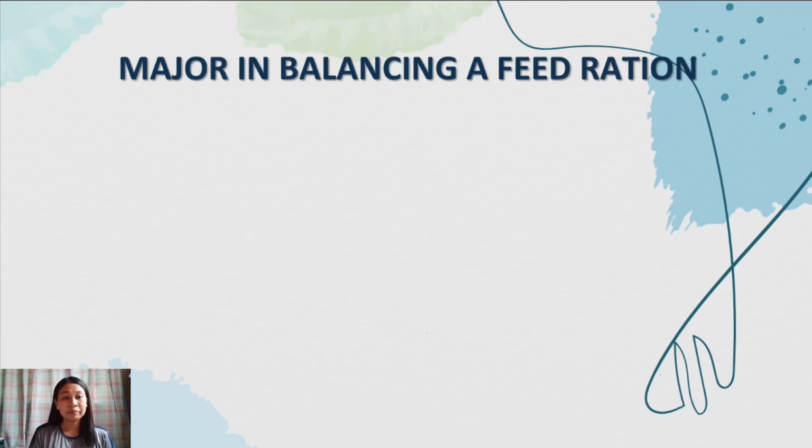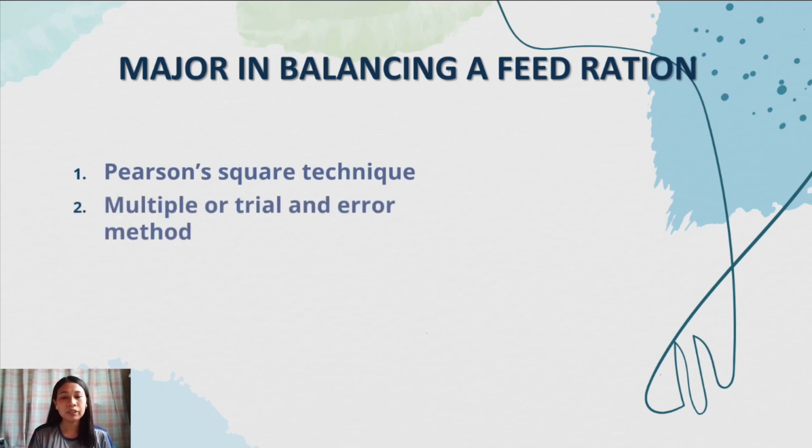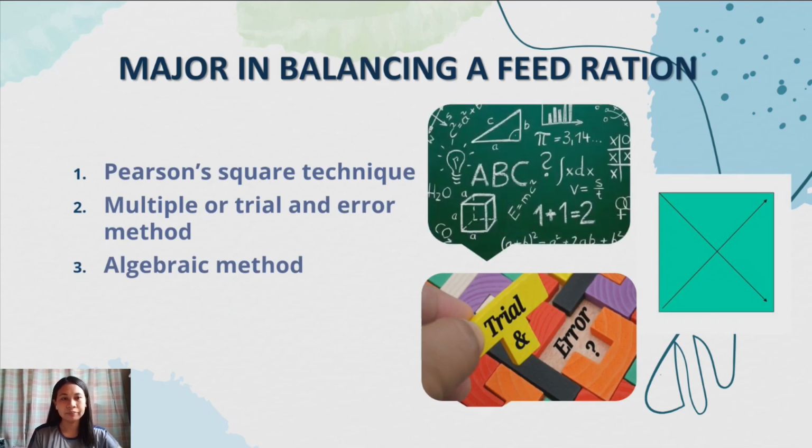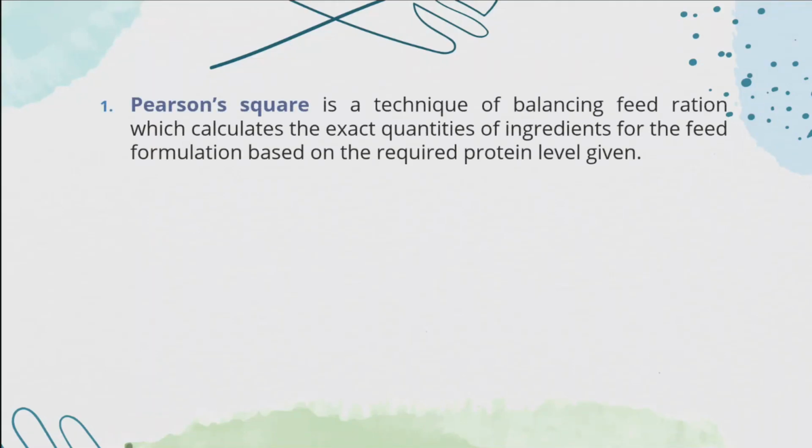So for balancing a feed ration, there are three methods: the Pearson square technique, the multiple or trial and error method, and the algebraic method. Pearson square is a technique of balancing feed ration which calculates the exact quantities of ingredients for the feed formulation based on the required protein level given.